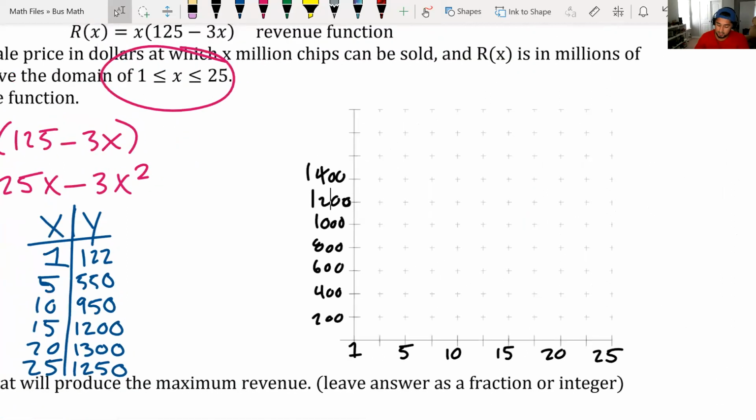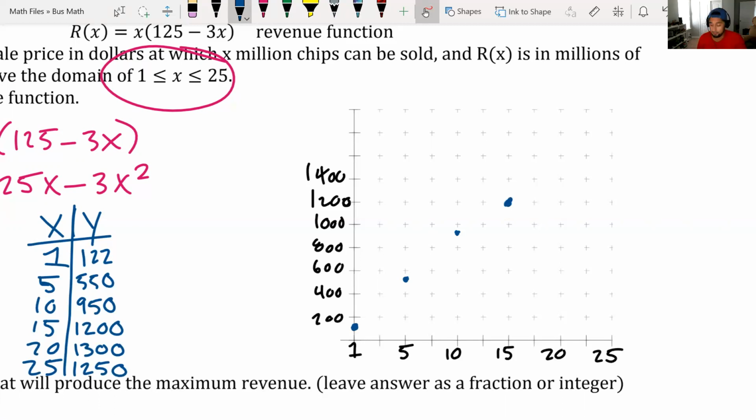All right, and now let's plot. So at 1, I'm at 122. So that'd probably be somewhere around there. 5, we're at 550. So somewhere close to 600. 10, I'm at 950. So somewhere close to 1,000. 15, I'm at 1,200.